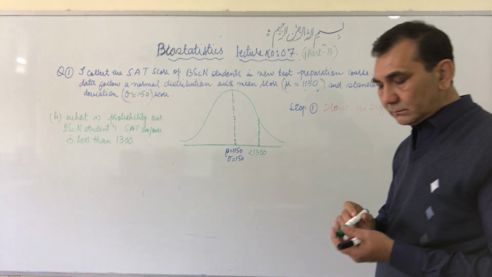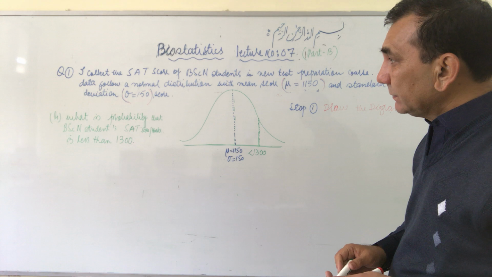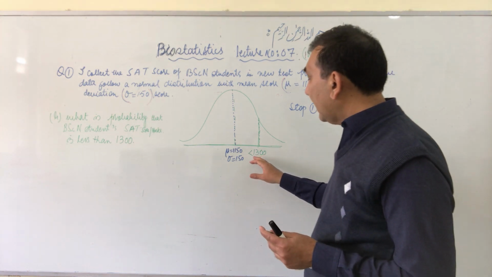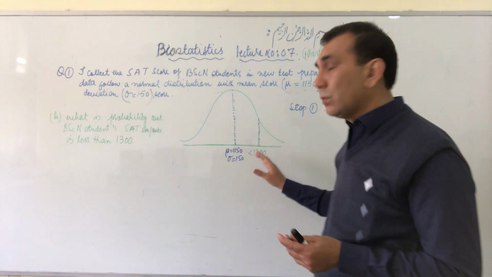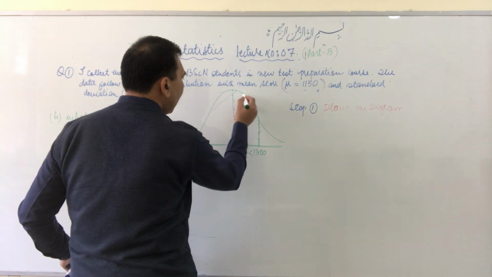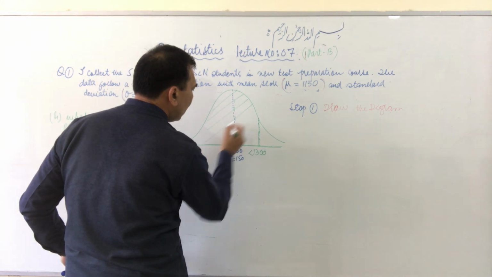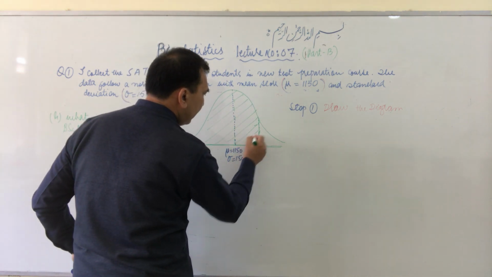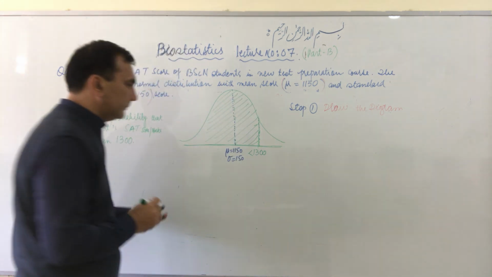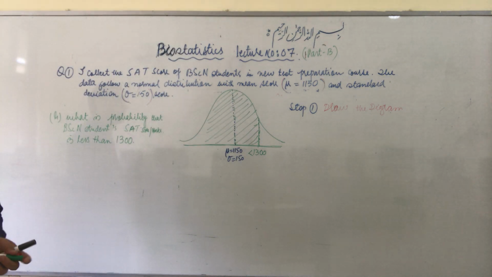The concern is the probability that a BSN student scores less than 1300 marks, so we will shade this whole area.